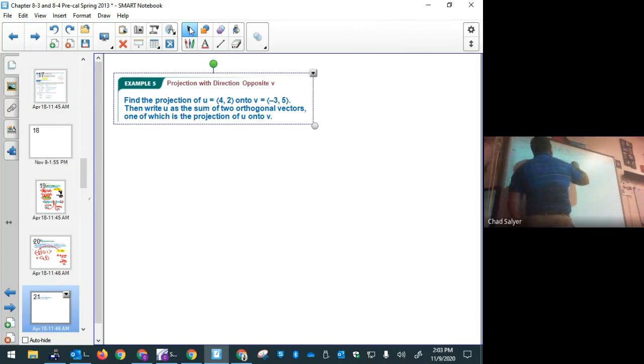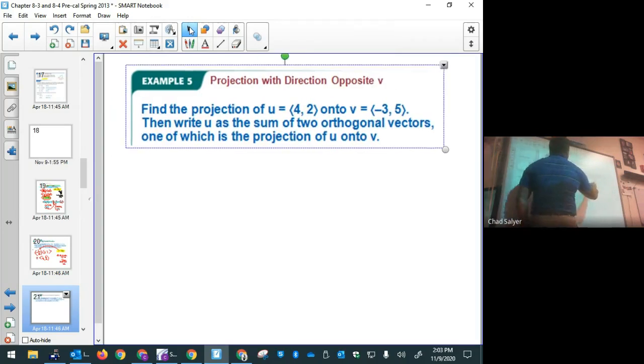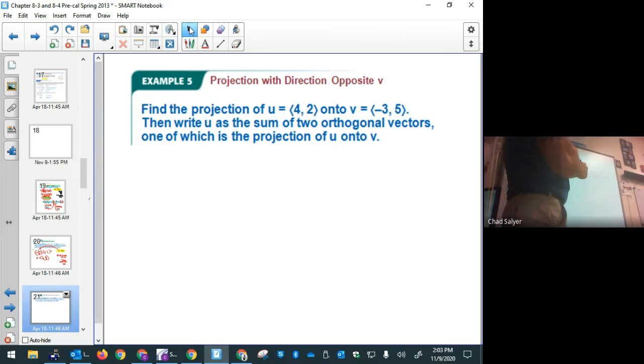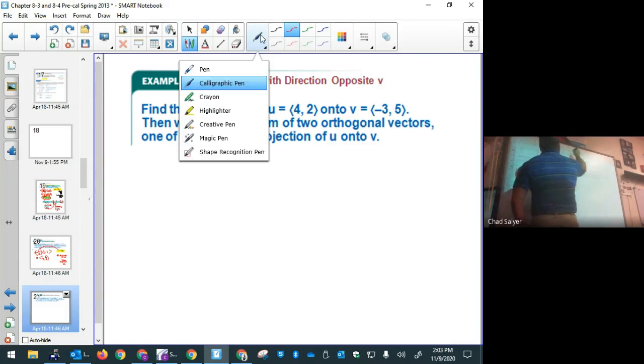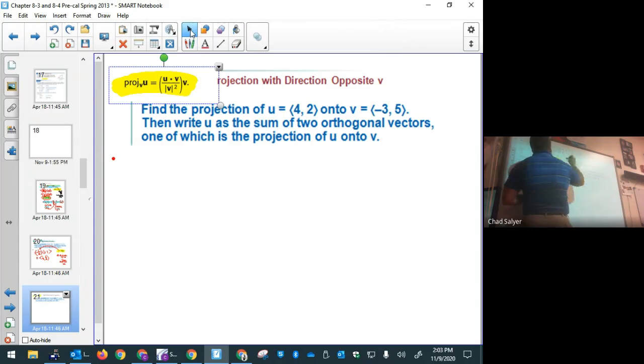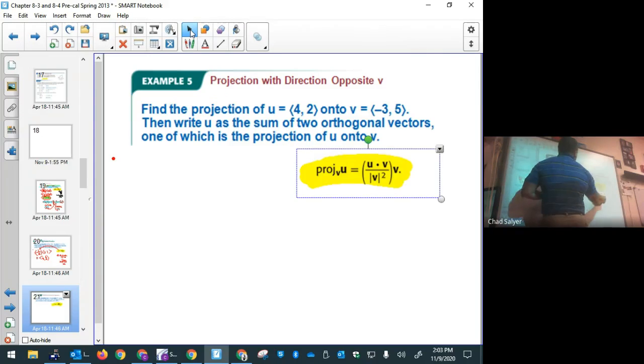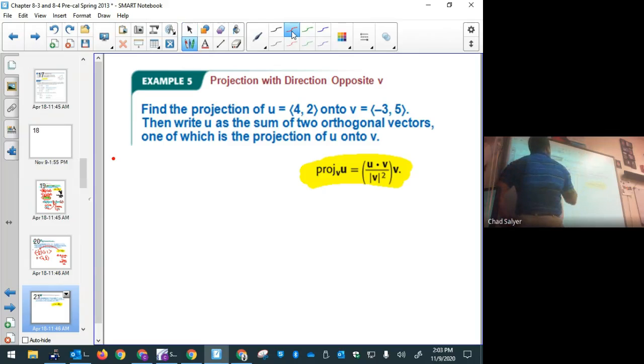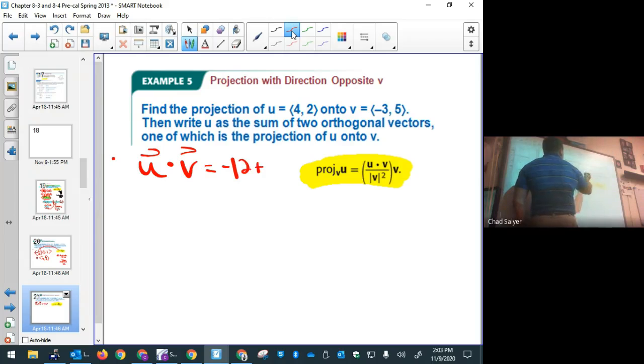Projection with direction opposites. So we're going to use the same formula. I'll go a little faster this time because these can be a little tedious once you've seen a few of them. So U dot V, 4 times -3 plus 2 times 5, so that's -2.